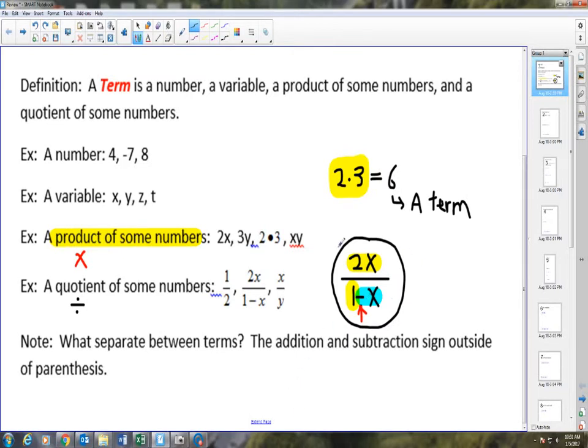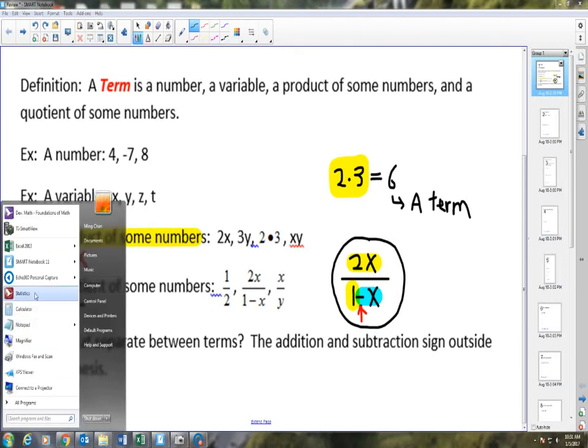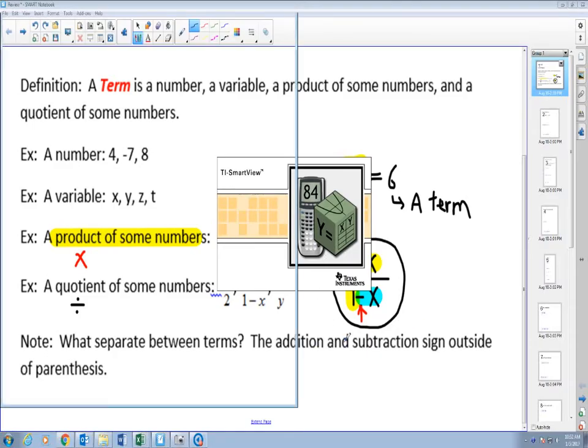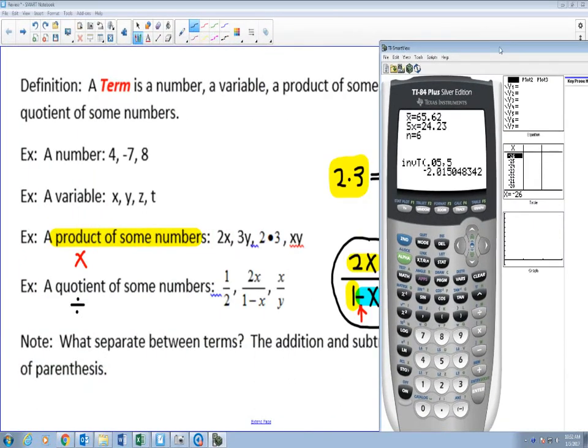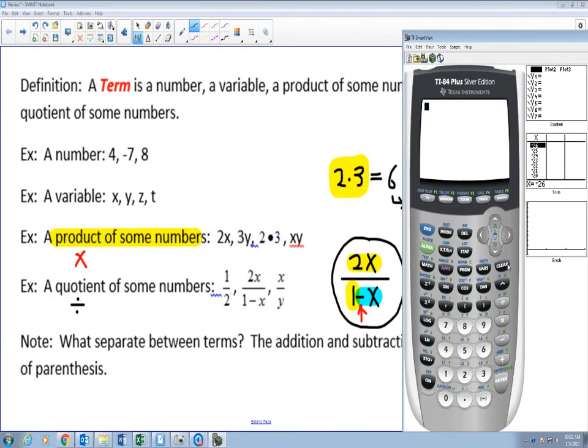Alright. Now, you might be wondering, why does this matter? Think about if I need to graph this expression in a graphing calculator. How do I type it in? Well, the 2x is one term, so I can simply type in 2 times x divided by the denominator 1 minus x.